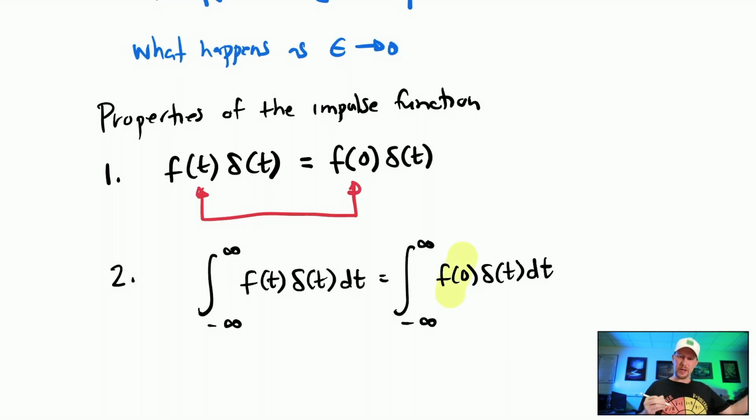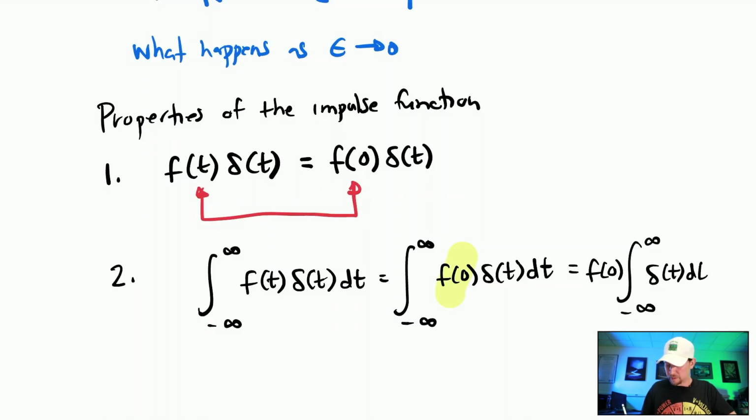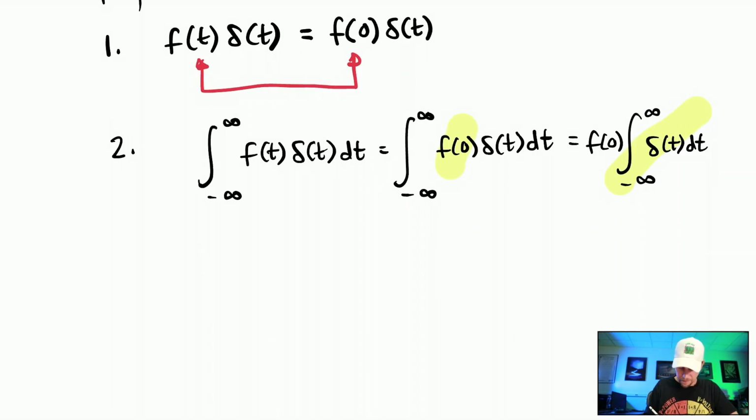I can bring that completely outside of the integral. So this is the same thing as f of 0 times the integral from minus infinity to infinity of the impulse dt. But by definition, what is this integral? By definition, that is 1. So over here, this is f of 0 times 1 by definition, or f of 0.